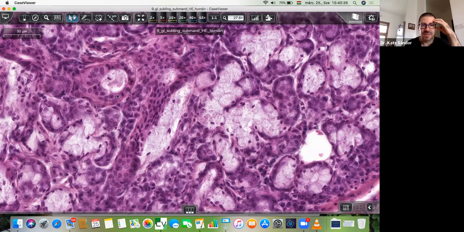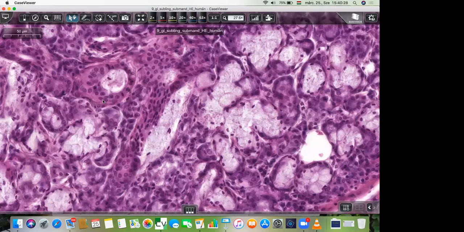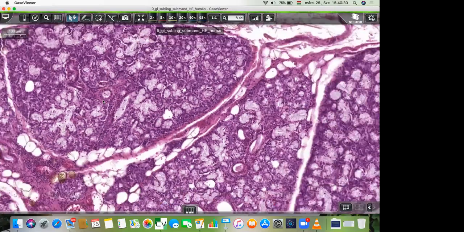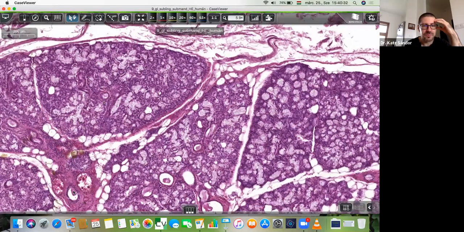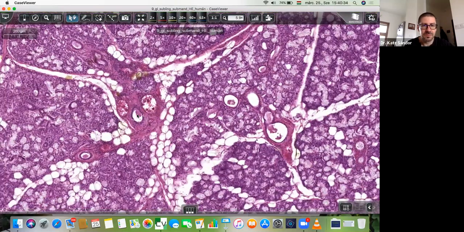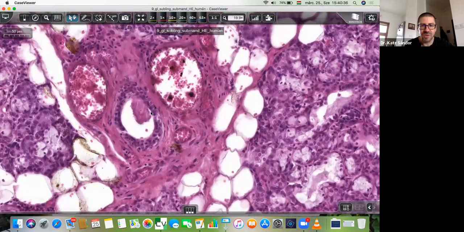So here we have a striated duct, and here we have a stratified lining epithelium. So this is an interlobular duct. It is also a common mistake during the oral exams to mix the vessels up with the ducts.